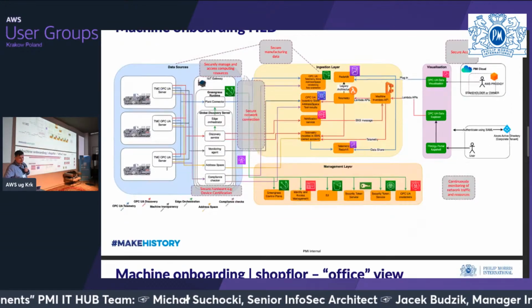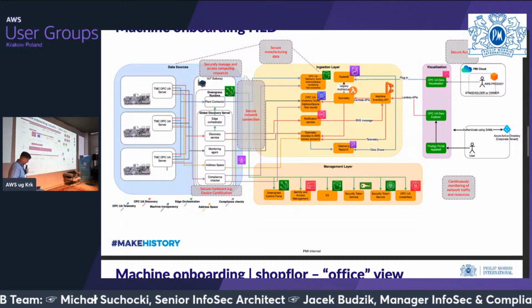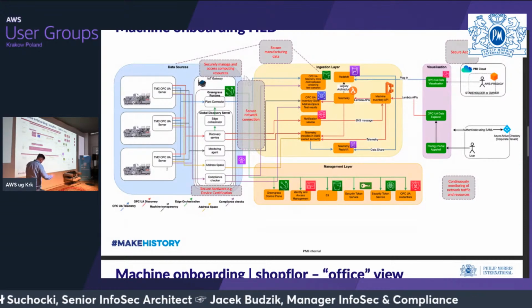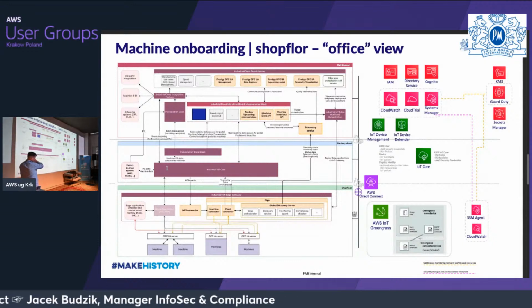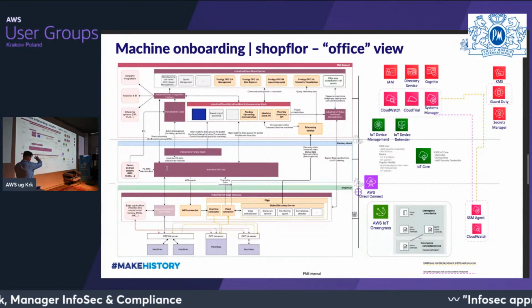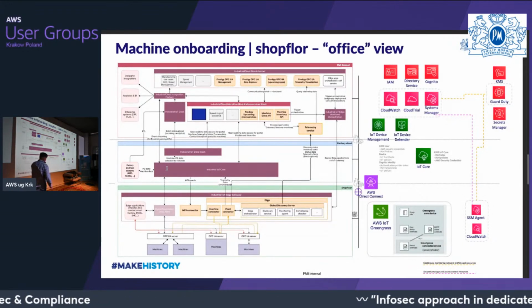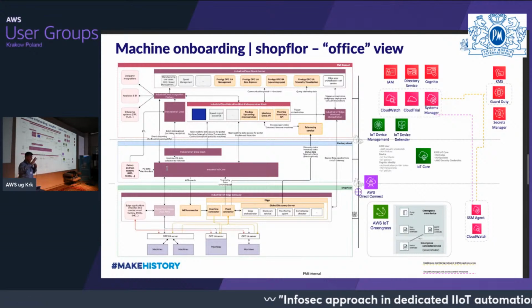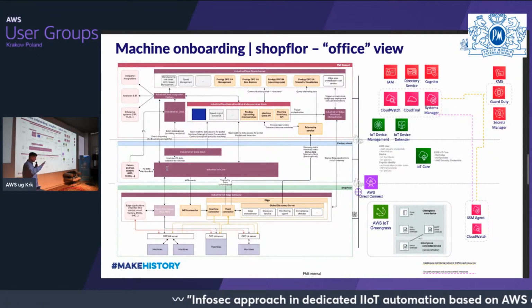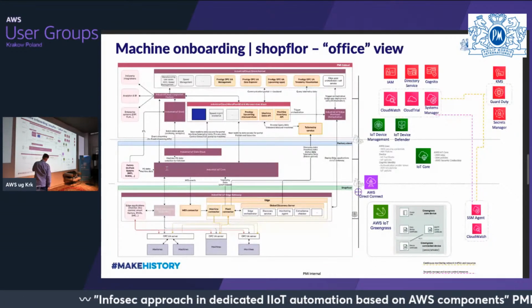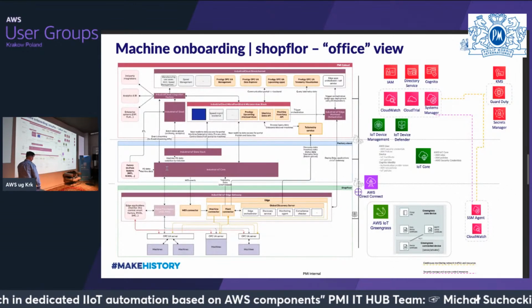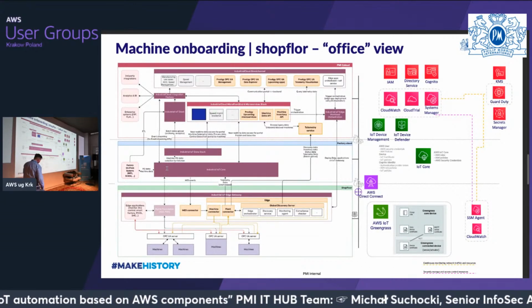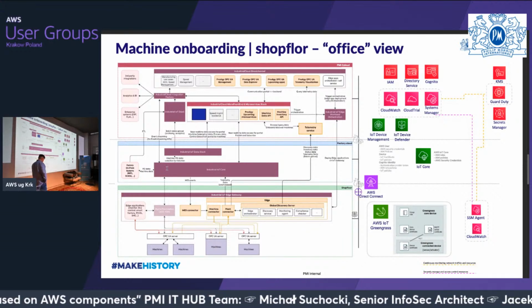So how does it look with the AWS components? Again, the diagram which you saw on the previous slide is a bit turned, in the way the Purdue model describes it. On the bottom we have the shop floor, then we have the edge, or let's say factory cloud, and then we have the proper cloud where we have our business logic.